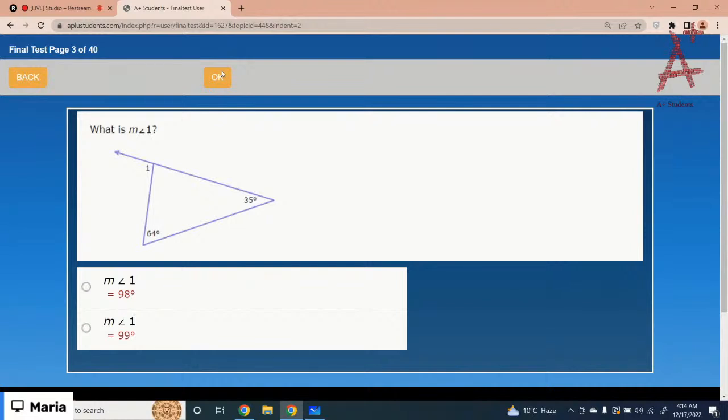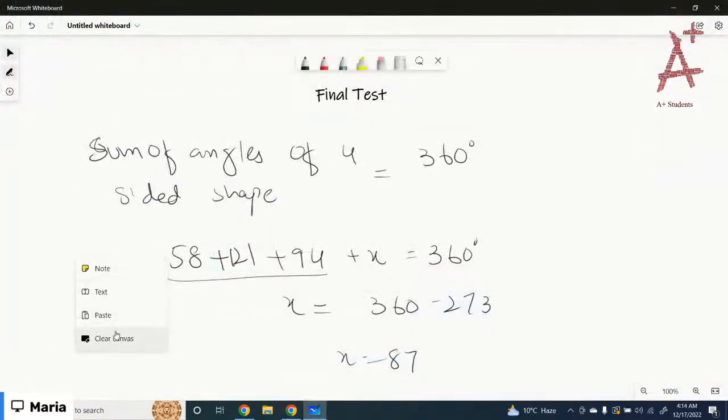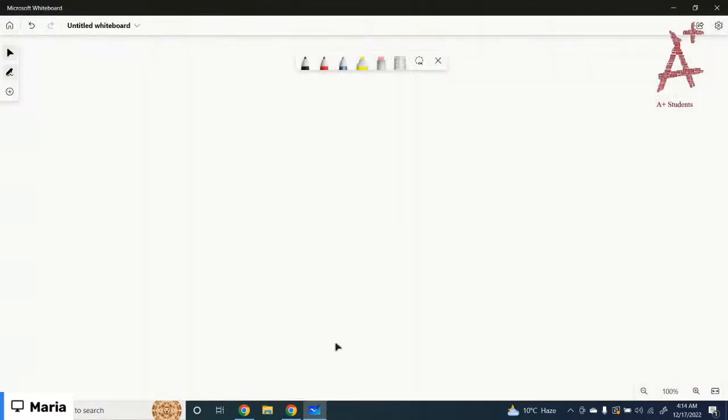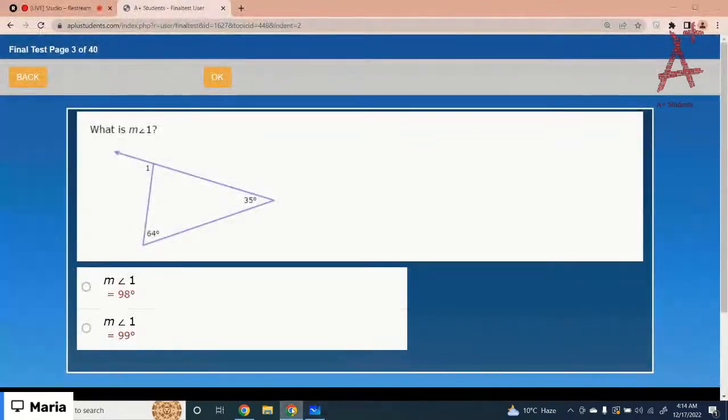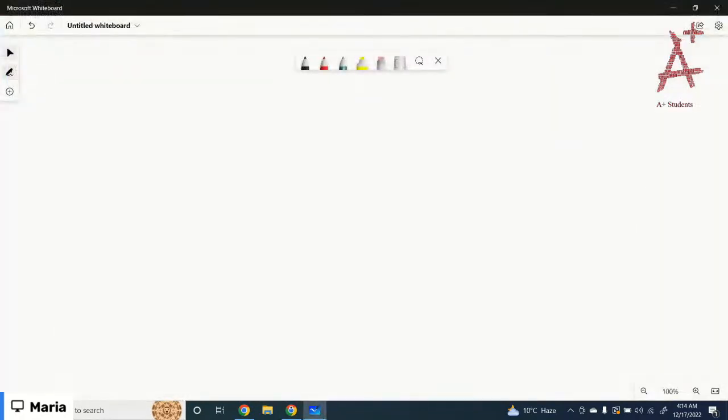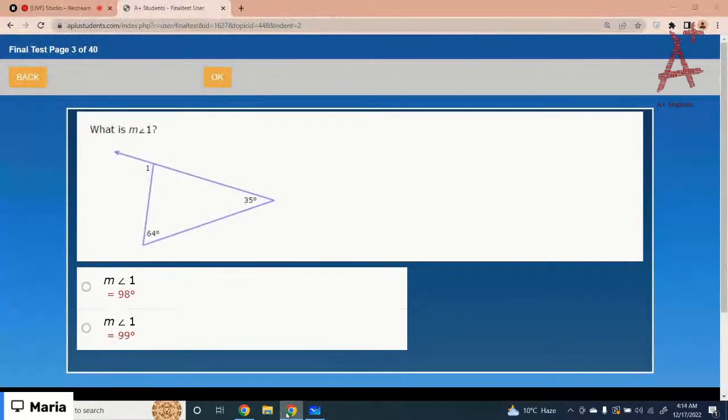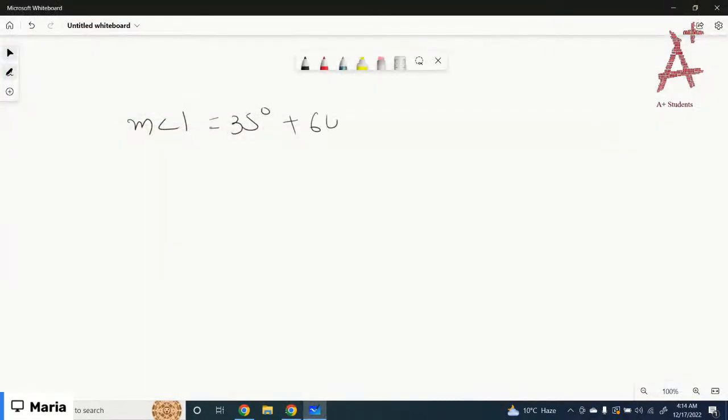Okay, what is the measure of angle 1? Angle 1 is an exterior angle, got it? Basically you have to find the exterior angle. The exterior angle is the sum of the two interior angles. So the measurement of angle 1 equals 35 degrees plus 64 degrees, got it?